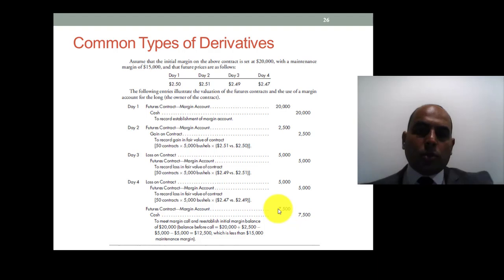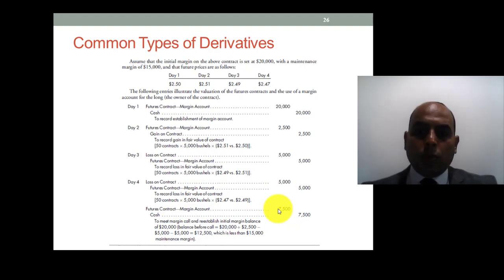Here, the future contract will become again 20,000. This is a kind of guarantee to execute the forward contract. Here, in this case, you will not be on the wealthy side. You are on the loss side.